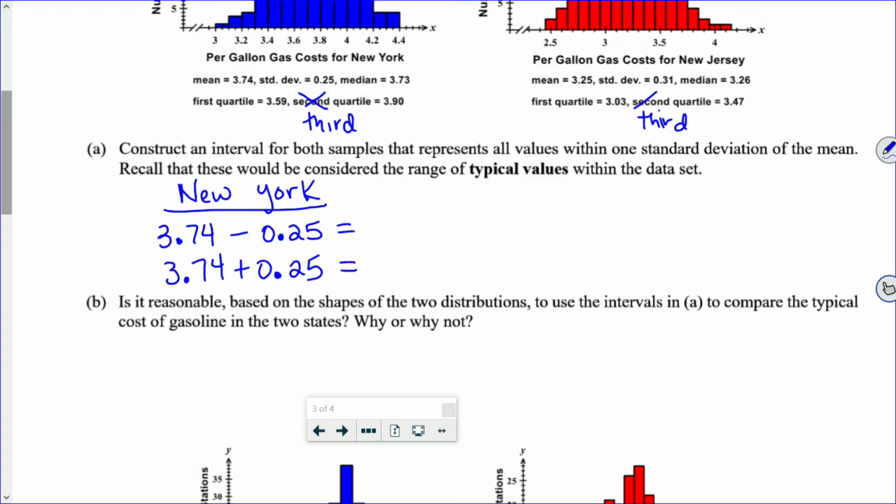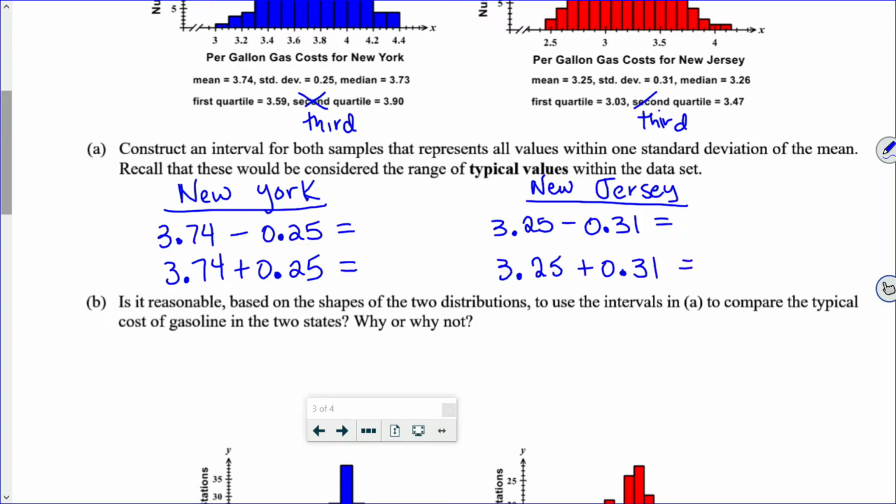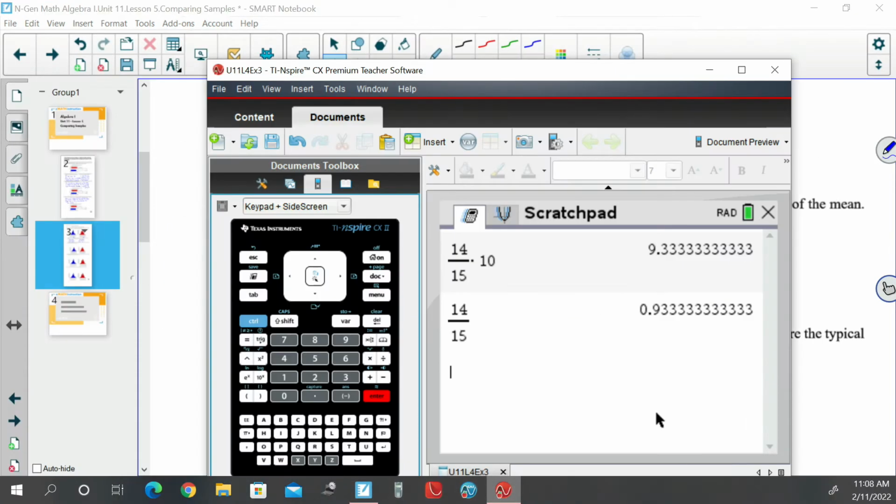Okay, and then I'm going to set up the same calculation over here for New Jersey. I should have given myself a little more room, but that's okay. So my mean is 3.25 and then minus 0.31 and 3.25 plus 0.31.